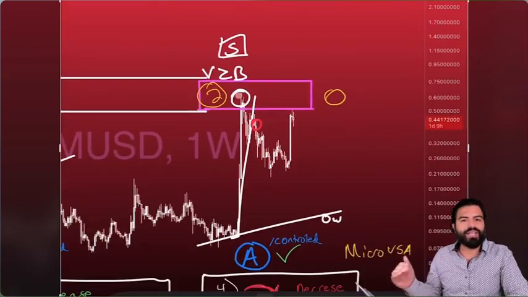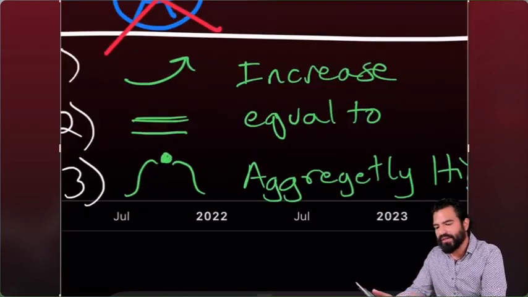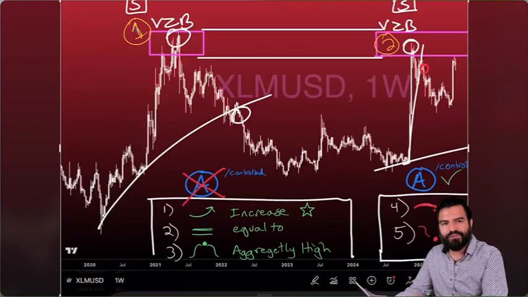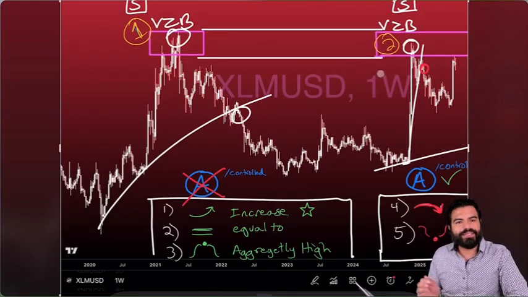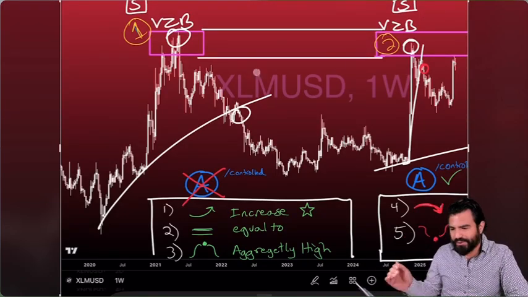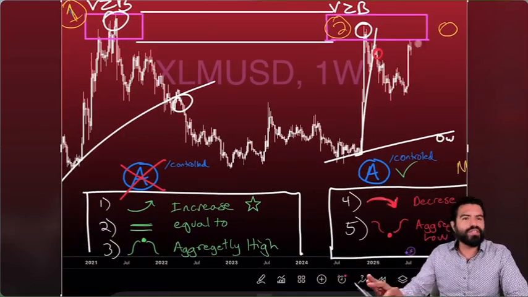But if there's a strong increase in volume, most of the time we're going to see higher prices. The strongest one is this one, increase. If we see an increase, look for us to not just challenge that area again, but sometimes break through that challenge. If it's equal to, most of the time we're getting there. If it's still aggregately high, there's just still incentive to get down there, but it's not as critical.